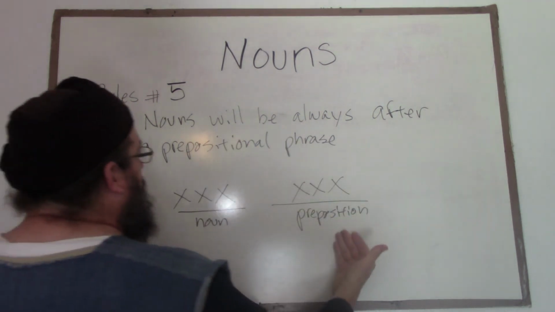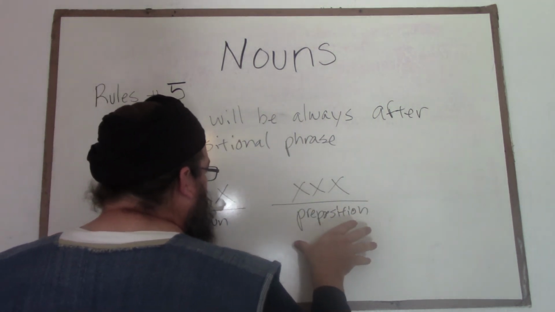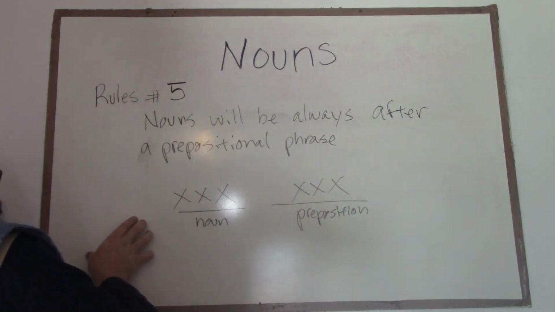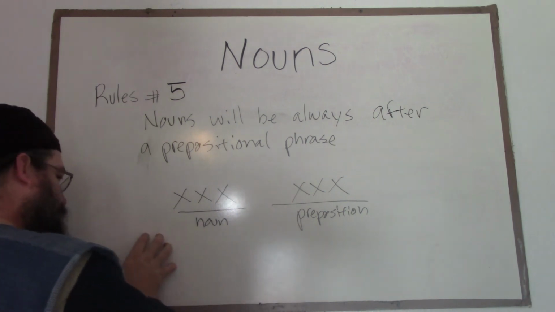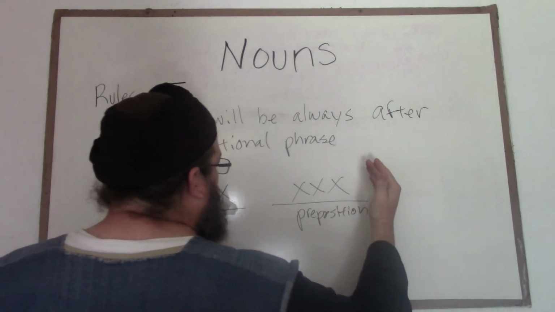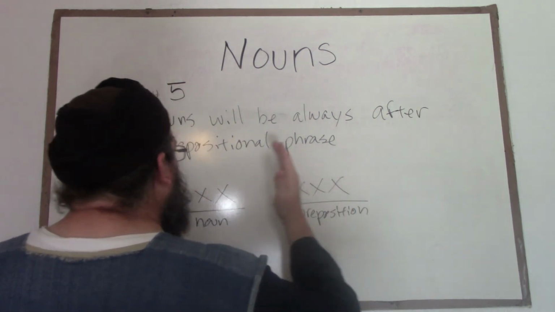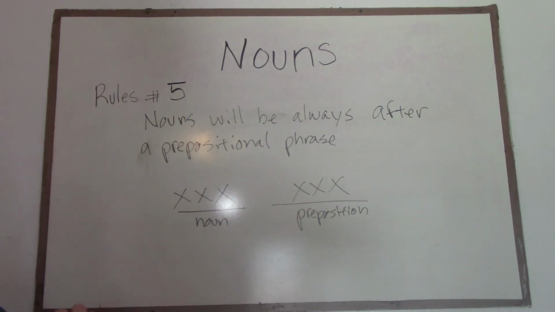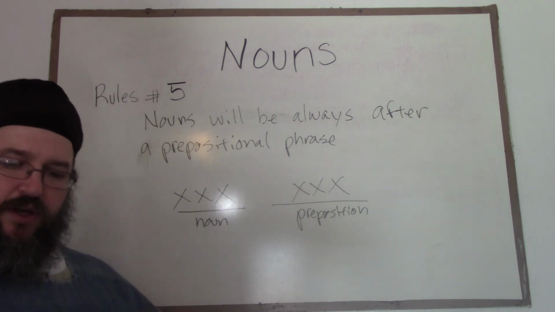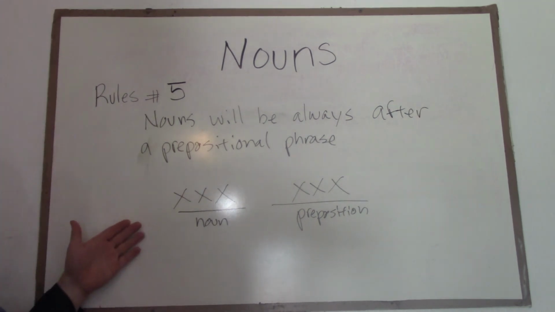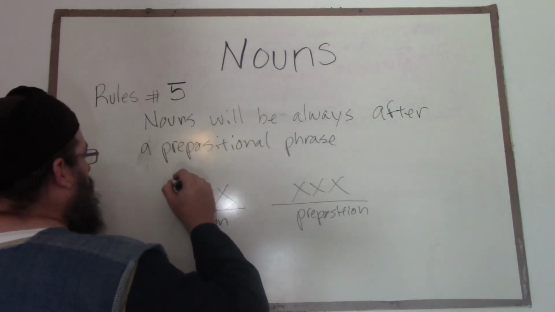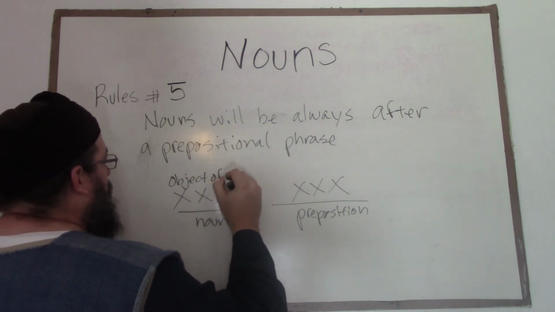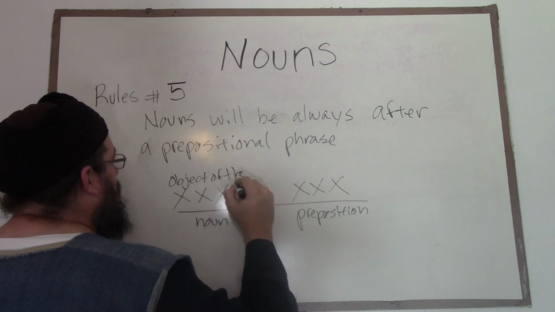So remember, prepositions are always going to be before the noun. You're never going to have a noun and then a preposition in the prepositional phrase. A prepositional phrase is always broken up into the preposition and then the object of the preposition. So it's very similar to English. You have the preposition and then the object of the preposition. So this is called the object of the preposition.